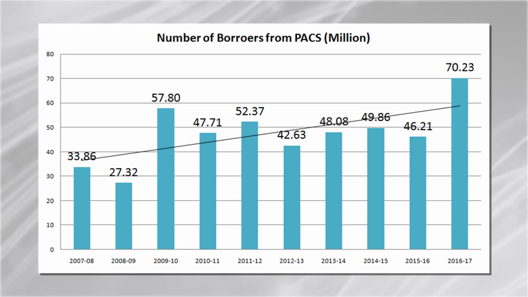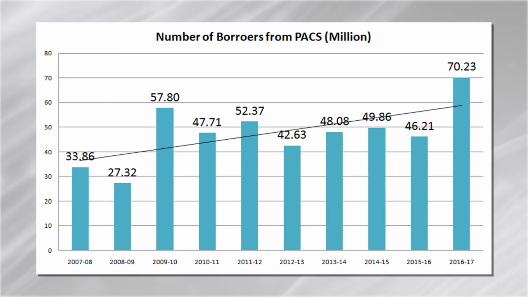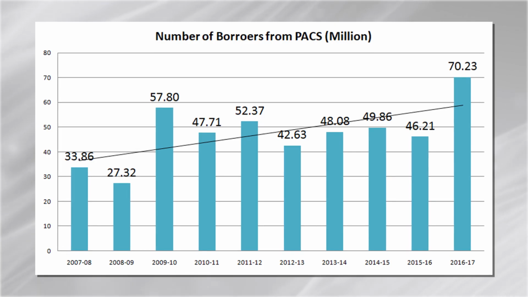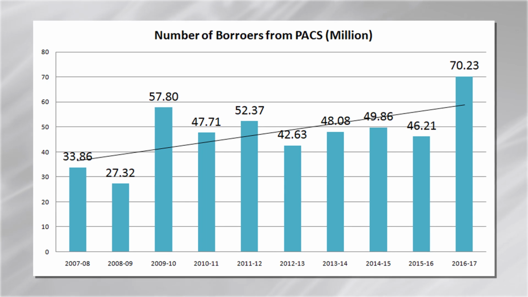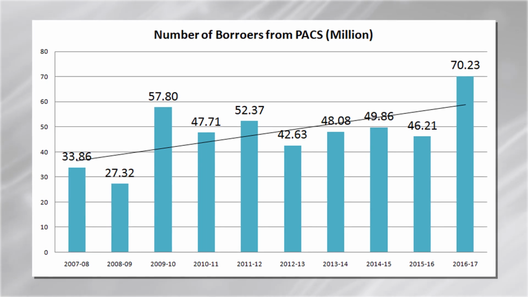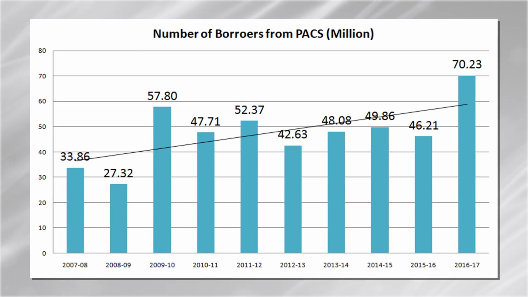So in the last 10 years you can see more than a double increase in the number of borrowers. So this is a very good sign. There is a requirement of such organizations at the grassroots level who provide the credit or loan requirement to the farmers.